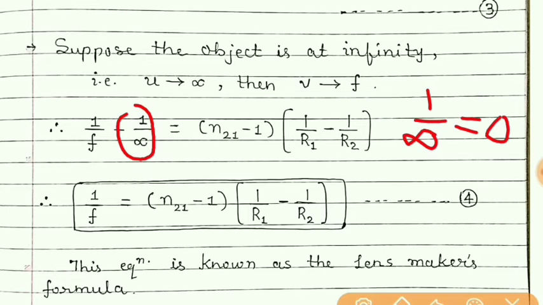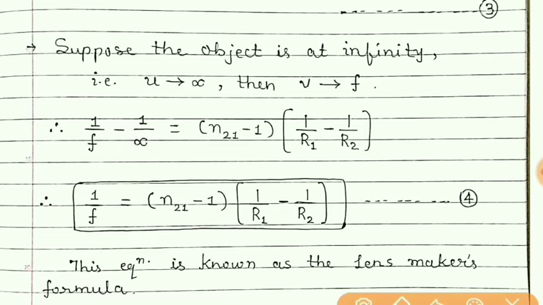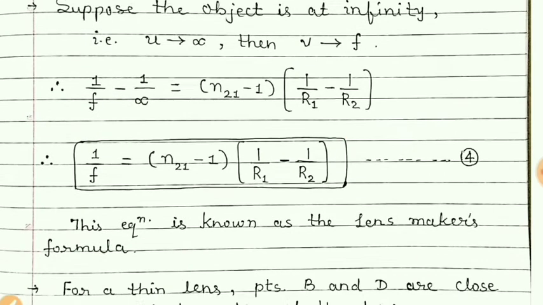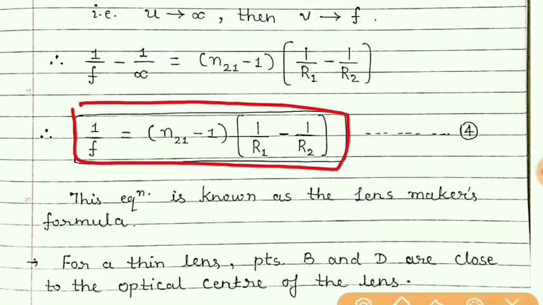So what remains on the left side is 1 upon f, and the right side is as it is. So students, this formula which is obtained is known as the Lensmaker's formula. This formula for the thin lens is known as the Lensmaker's formula.